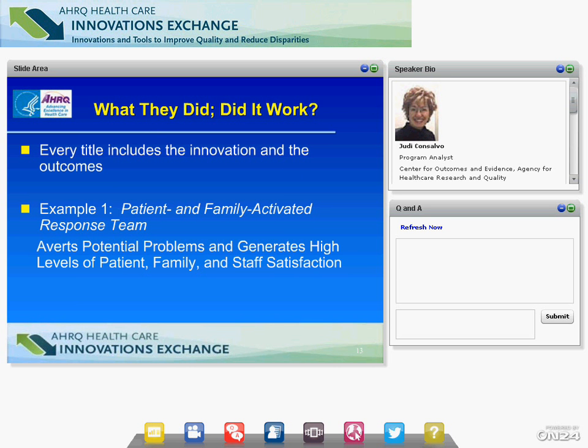And in this slide, the results are averts potential problems and generates high levels of patient, family, and staff satisfaction. A long title, I know, but very much shorter to get the whole feel of the innovation to see if you want to move on further. Let's look at a second example in the next slide.